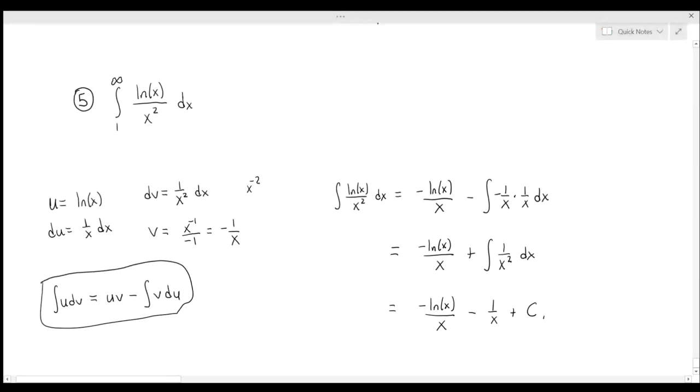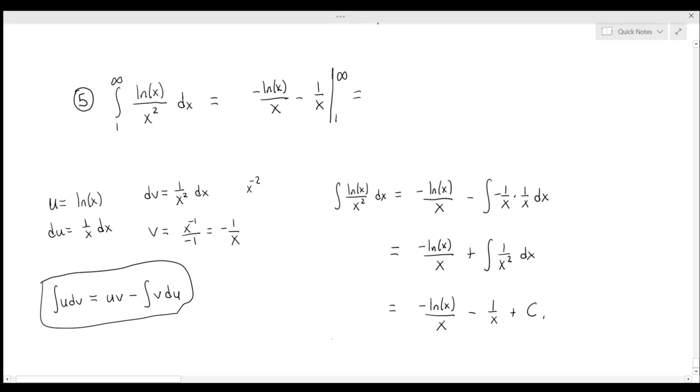All right, so for the improper integral here, we're going to get negative ln of x over x minus 1 over x. And instead of writing plus c, I want to evaluate from 1 to infinity.